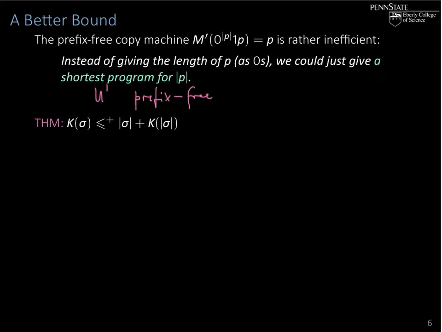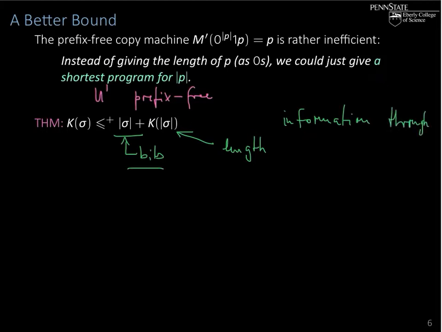So assume we have a maximally complex string: it will provide information through its bits, but it will also provide information through its length. So information through bits and length.